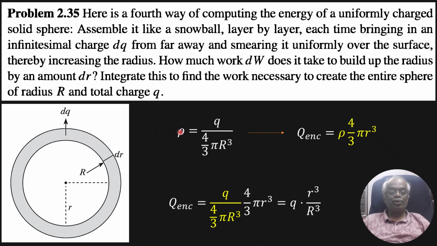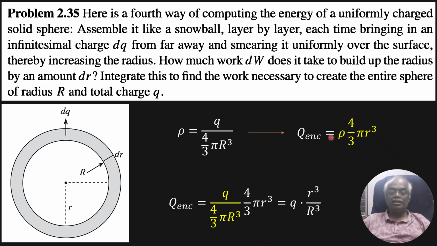So what is rho? Rho is the volume charge density, which is equal to charge divided by volume: charge Q divided by 4/3 pi R cubed, because the radius is capital R. Now, what is the charge enclosed by the sphere of radius r?